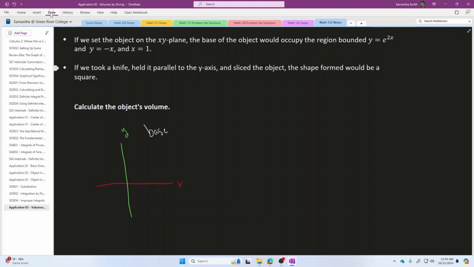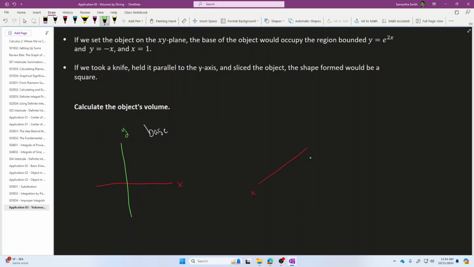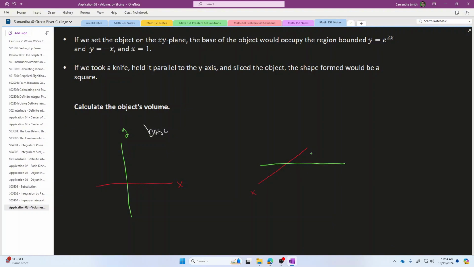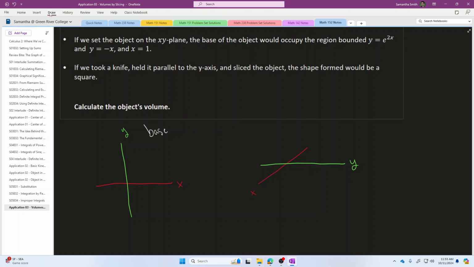And then I will attempt to recreate that drawing in three-dimensional space with x toward me and y to the side. And then I will recreate the base in this three-dimensional picture and try and draw at least one cross-section.